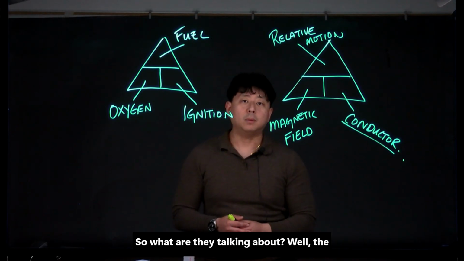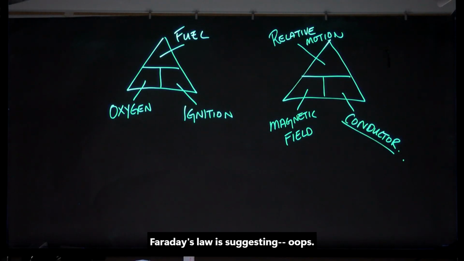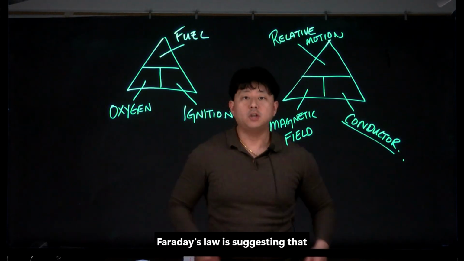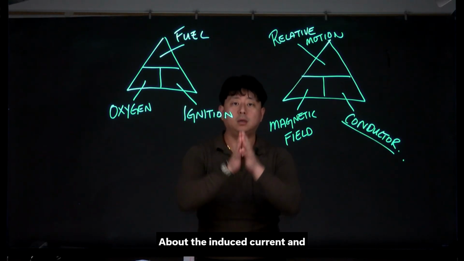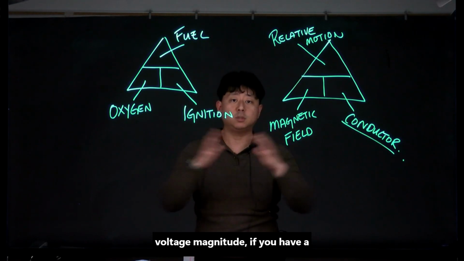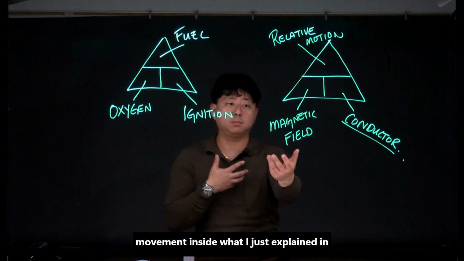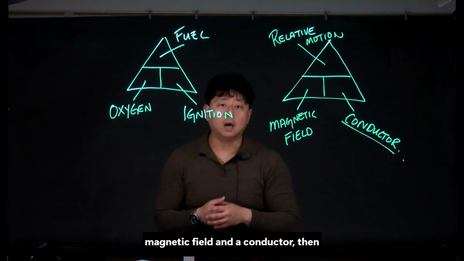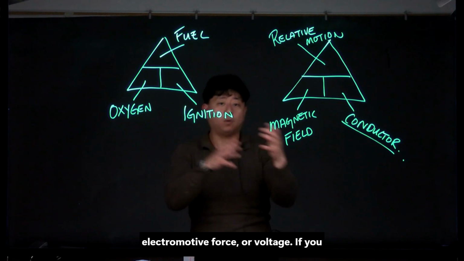So what are they talking about? Well, Faraday's law is suggesting something about the induced current and voltage magnitude. If you have a movement inside what I just explained, a magnetic field and a conductor, then you're going to create an EMF, electromotive force or voltage.